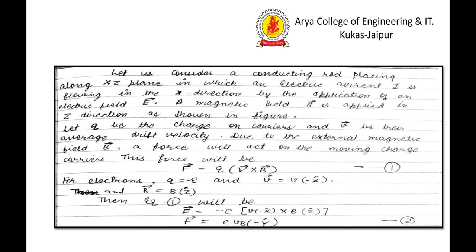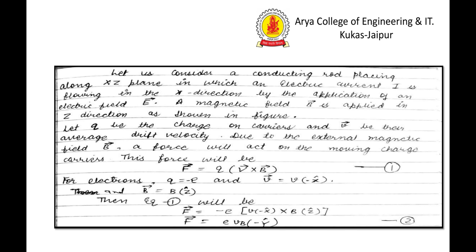As we know that the flow of electron is opposite to the direction of current flowing. That's why we write here v vector is equal to v times minus x cap and B vector is equal to B z cap.